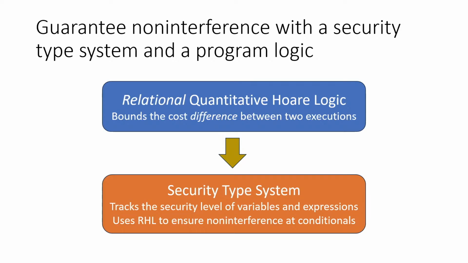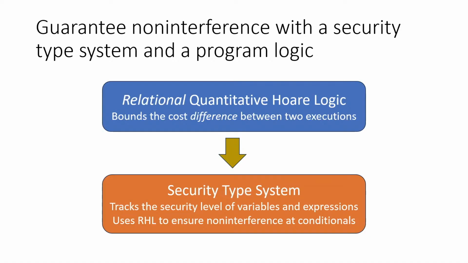It's a little unwieldy to work with because these Hoare logics generally are kind of complex analyses. They require a lot of heuristics, a lot of programmer annotations. We'd much prefer to work with something like a security type system, which tracks the security level of variables and expressions through a program and disallows insecure operations on them.